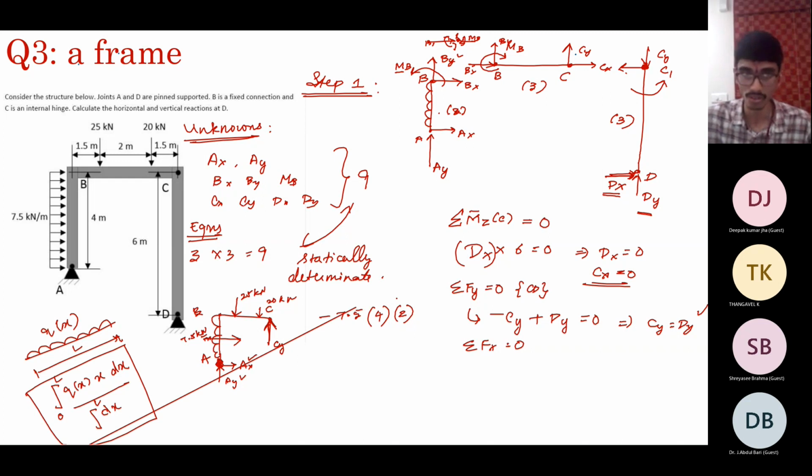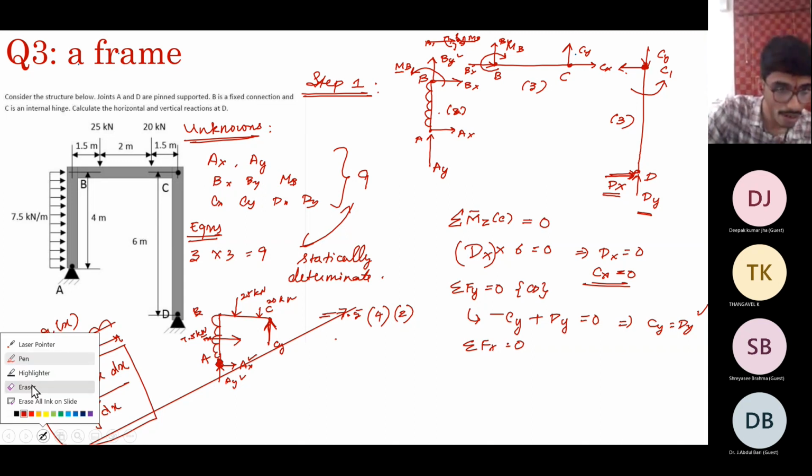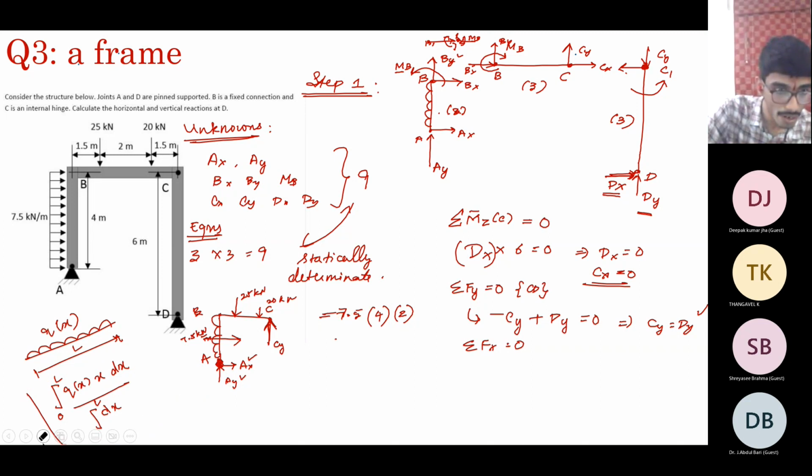So 7.5 into 2. This is a counterclockwise moment. So minus 7.5 times 4 into 2.